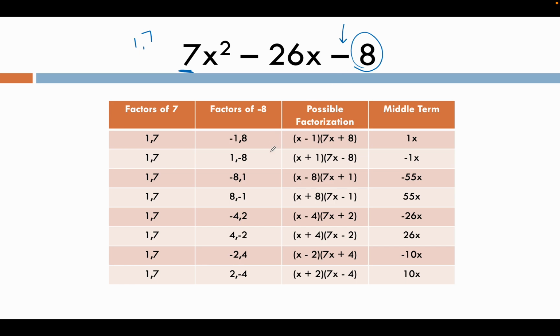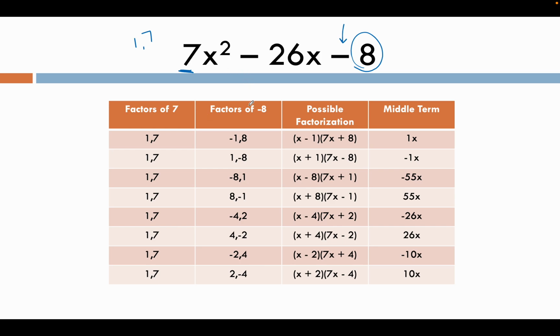So you can see this has 1, 2, 3, 4, 5, 6, 7, 8 possibilities just to find the correct answer. So it's nice that 7 is only one possible set of factors, because if this was another number that had more than one set of factors, then my number of possibilities would double or triple.